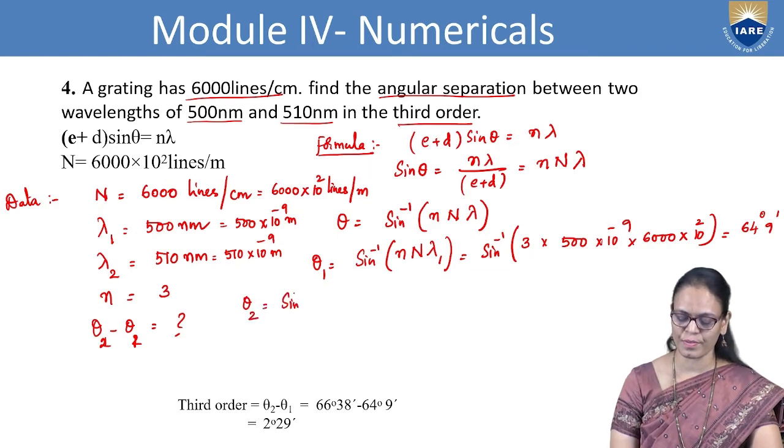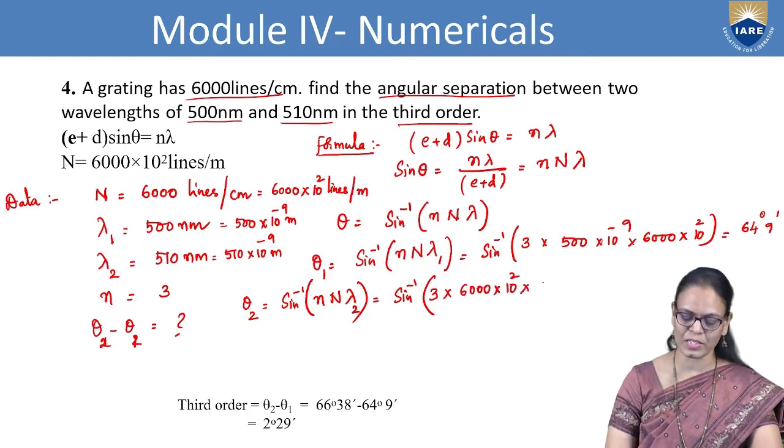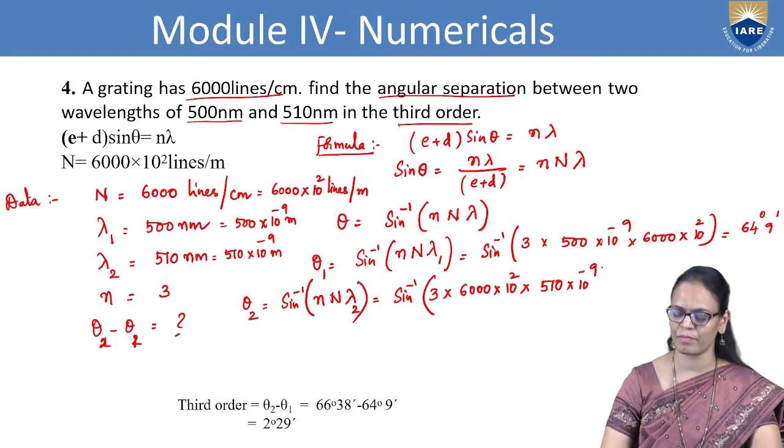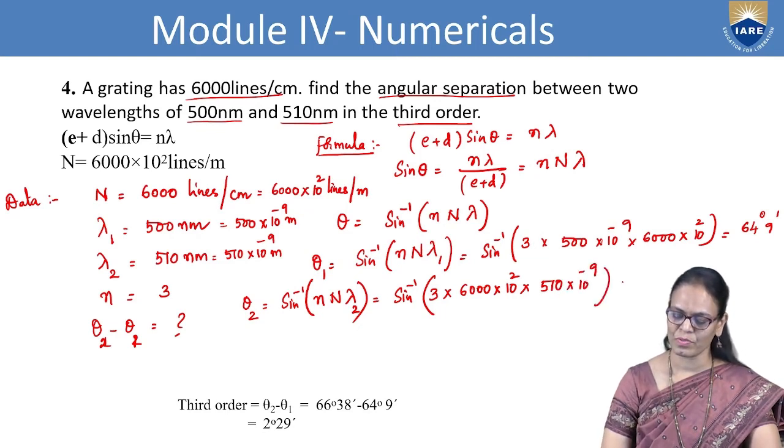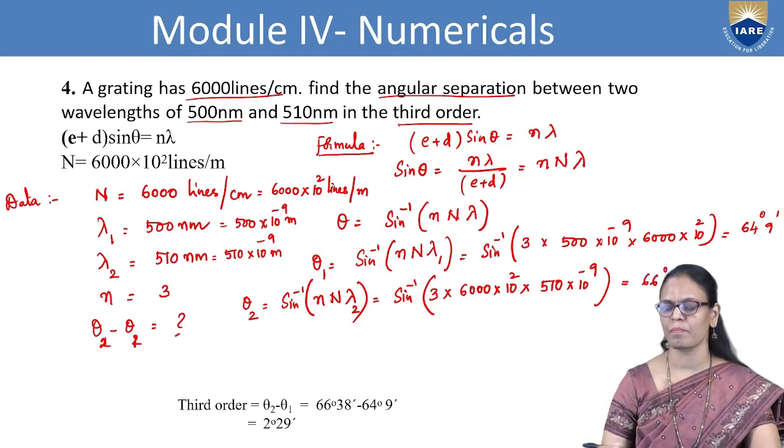Sine inverse small n into capital N into lambda. So that is sine inverse, small n is 3, capital N is 6000 into 10 power 2, into lambda 2 is 510 nanometer, 510 into 10 power minus 9. So this gives us 66 degree 38 minutes.